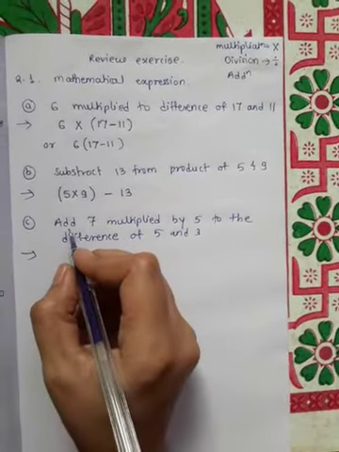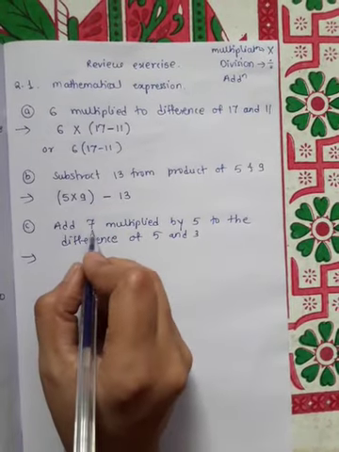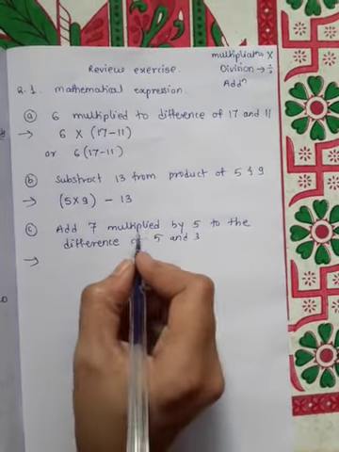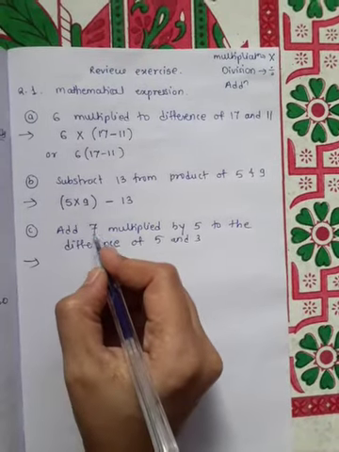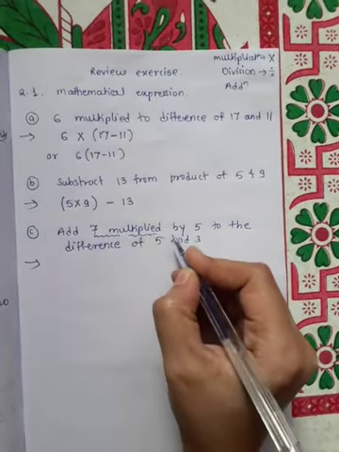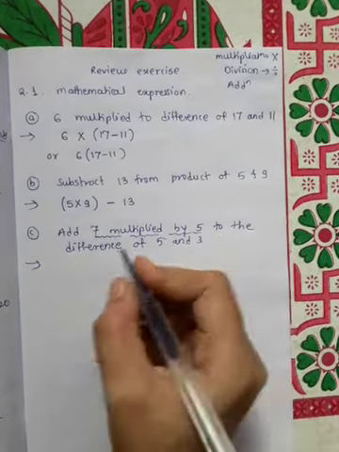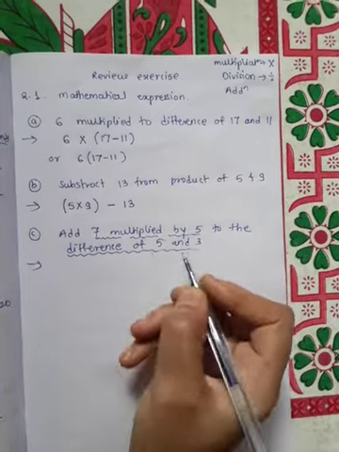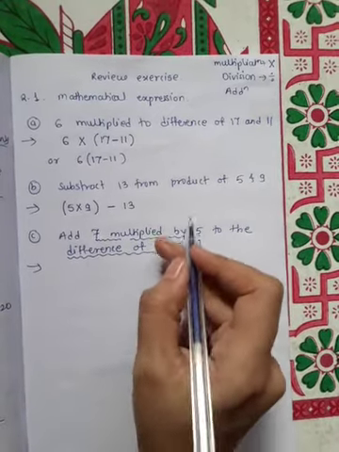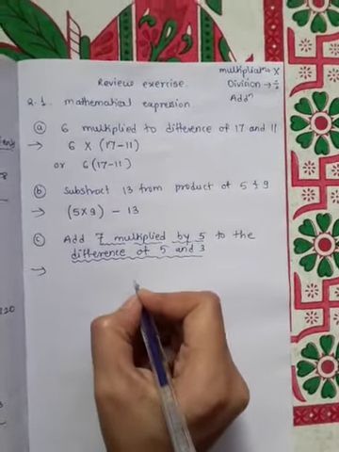First see what the statement is. Add 7 multiplied by 5 to the difference of 5 and 3, so we have to add these two terms, and add means plus.